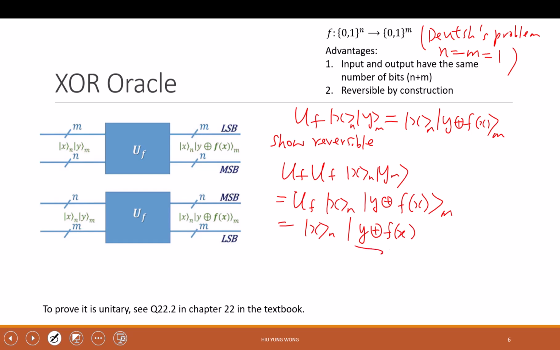This is the original y, and it needs to be exclusive or with f of x. Make sense? So again, what does this unitary matrix do? It takes x and y and keeps x as it is, but y becomes y exclusive or f of x. This m should be outside.